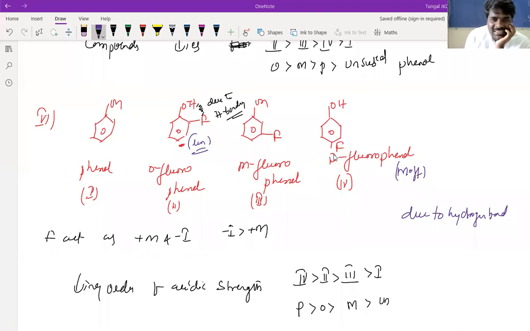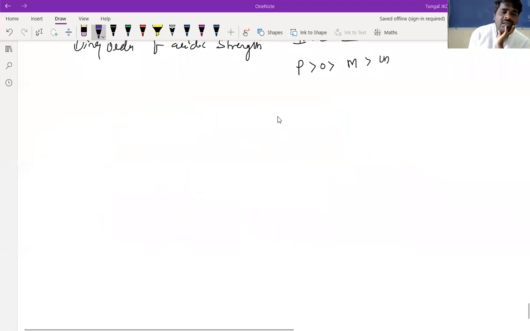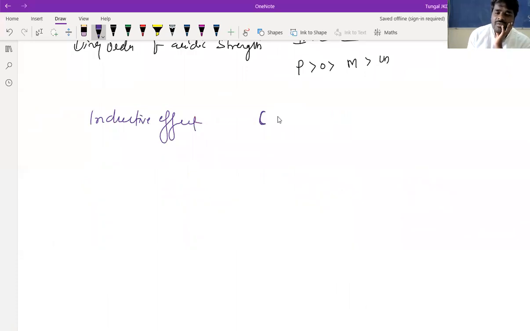See, beta, there are different types of electronic effects, like the inductive effect. What is inductive effect? Whenever there is a bond between two different atoms, like A and B, if A is more electronegative than B, that is, the electronegativity of A is greater than B, then A gets a partial negative.